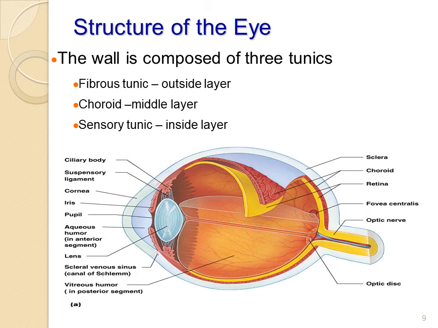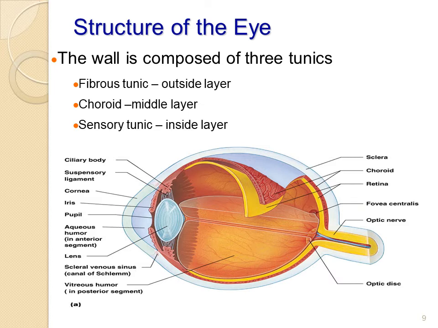The structure of the eye consists of three tunics: the fibrous tunic, the choroid, and the sensory tunic. The fibrous tunic is the outside layer, as you can see in this picture of the eye.